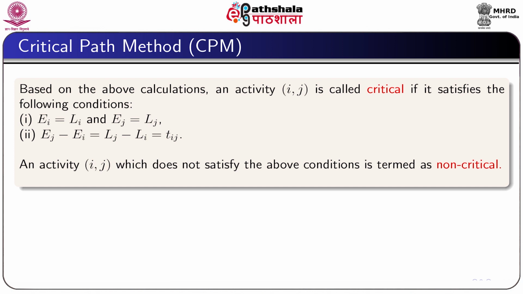This is number one condition, and number two condition is Ej minus Ei equal to tij. Any activity which does not satisfy the above conditions is called non-critical.